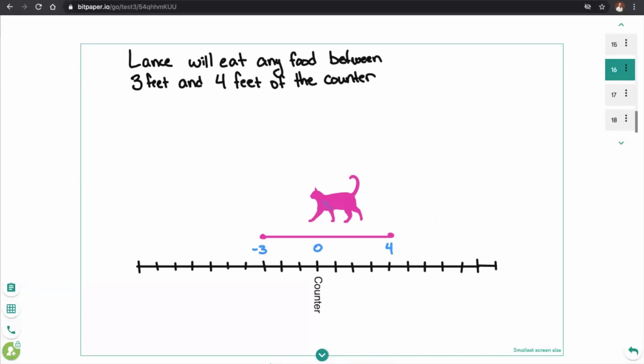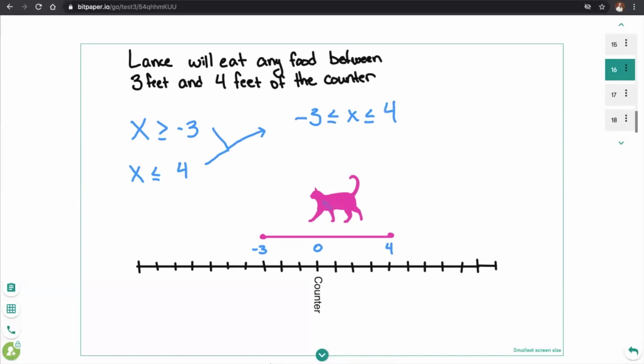So if we write this, we would say that x has to be greater than or equal to -3, but it also has to be less than or equal to +4. And the way that we write this, in a more simplified way, is that this right here is exactly the same thing as -3 is less than or equal to x, which is less than or equal to 4.